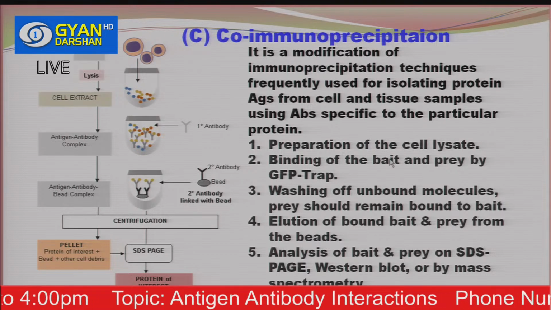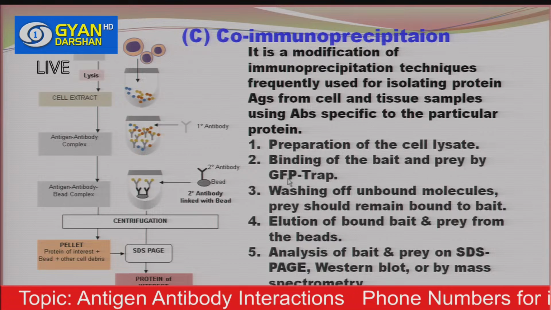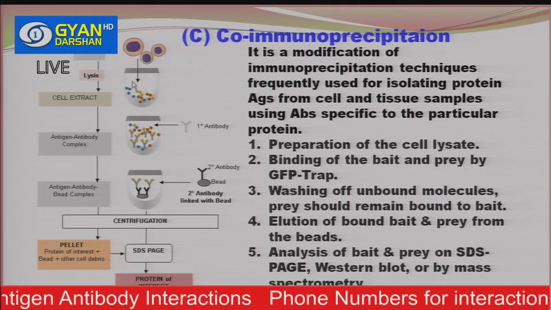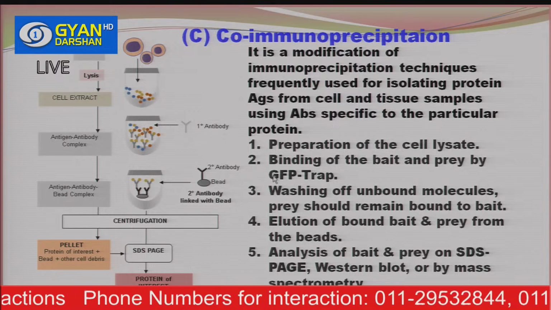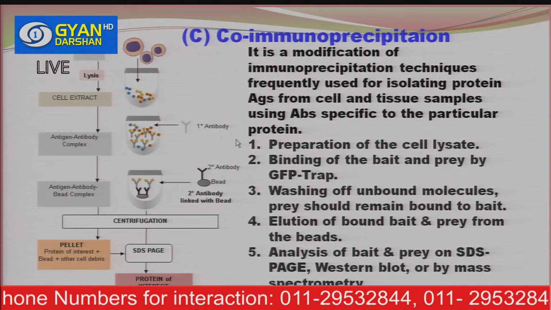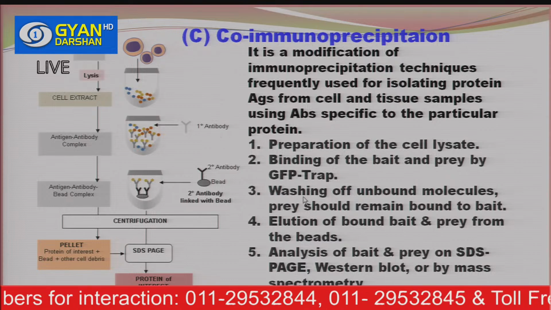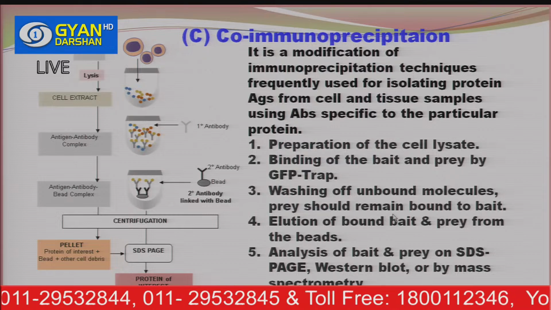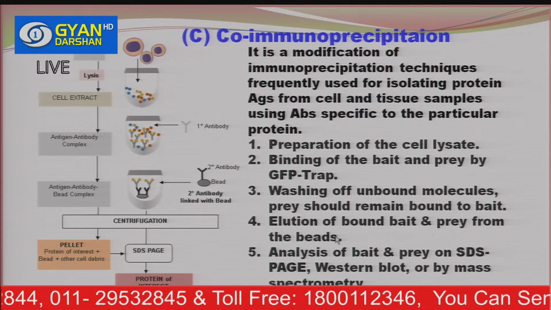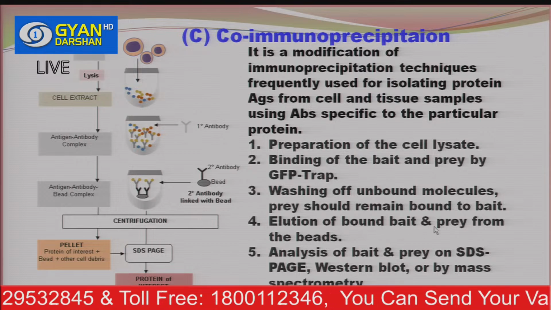Next is binding of the bait and prey to the GFP trap. So we can utilize a GFP trap; here are the antibodies. It is a GFP trap. Then washing of unbound molecules, while prey should remain bound to the bait. Then elution of the bound bait or prey.